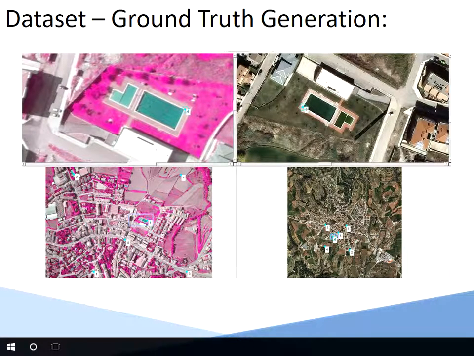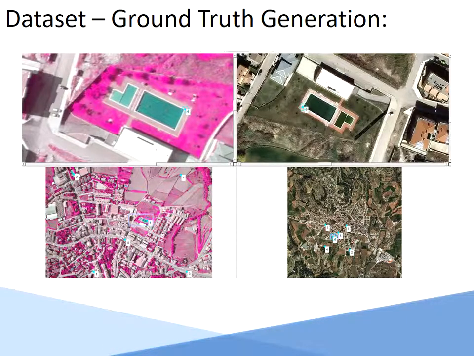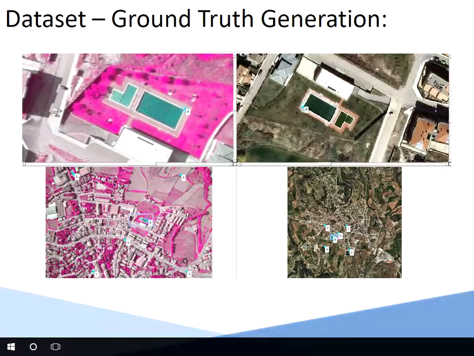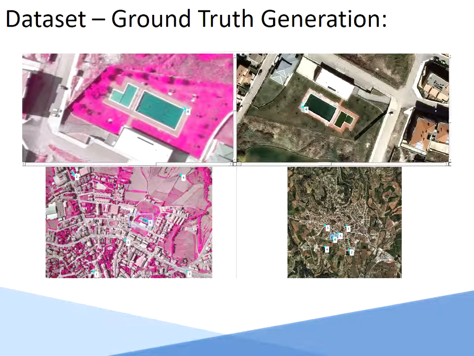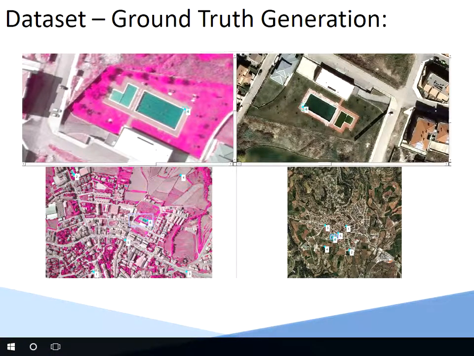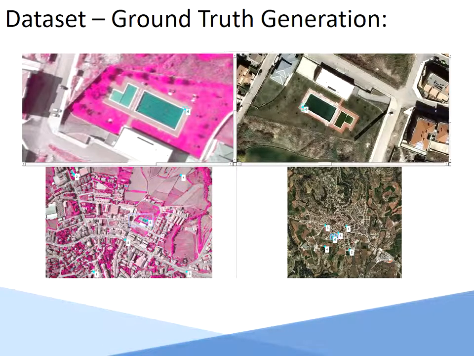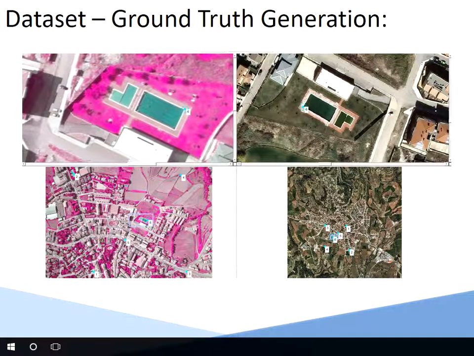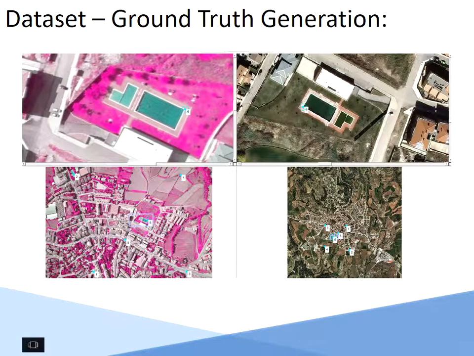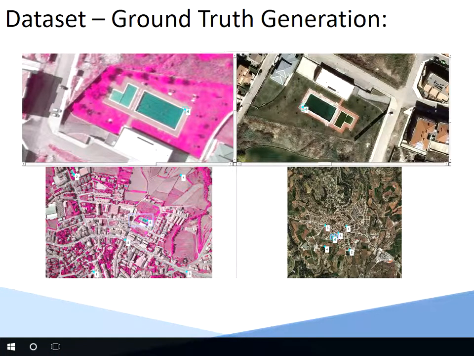What we do after with this kind of image, we take imagery from a certain area, and the first thing we do is to generate a ground truth in order to properly evaluate the algorithms we want to test here. It's pretty difficult to generate this in an autonomous way, mainly because in the UAV we cannot carry very heavy systems.